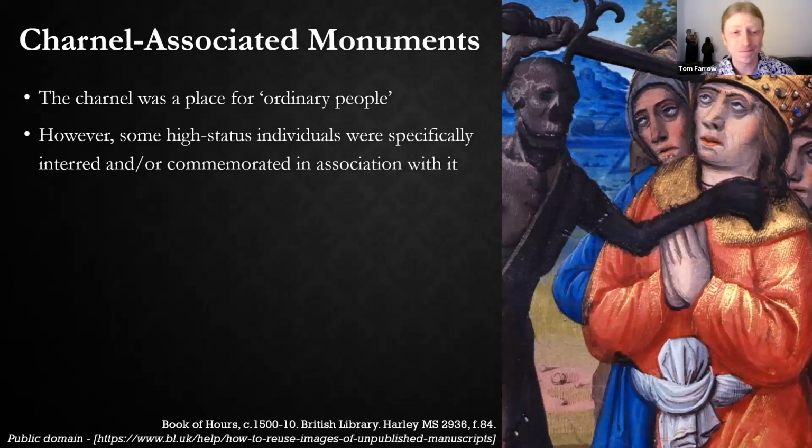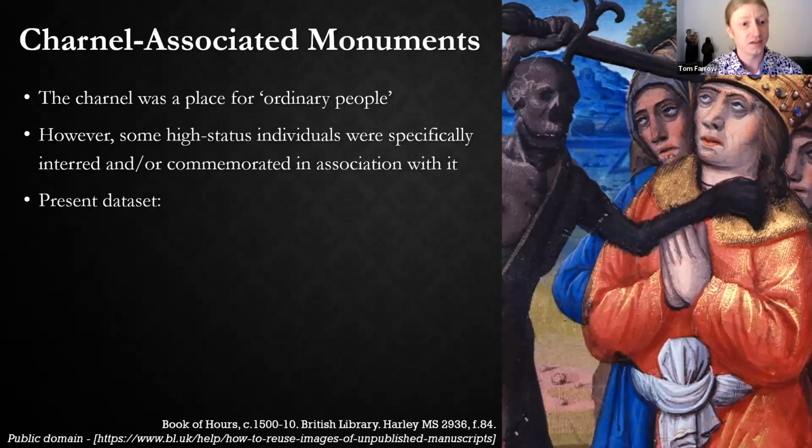Despite this, however, there are some cases where high status individuals with wealth, with power, with status, specifically requested or arranged for their own burial or commemoration or monuments even being raised in direct physical proximity to charnel and charnel chapels.